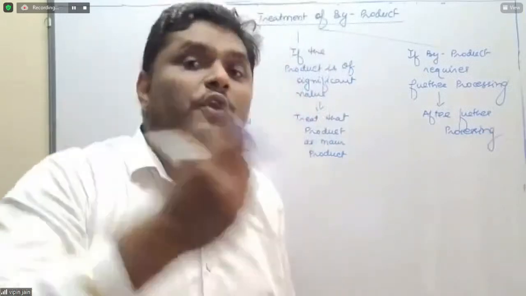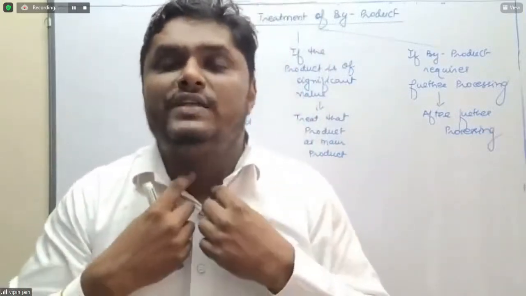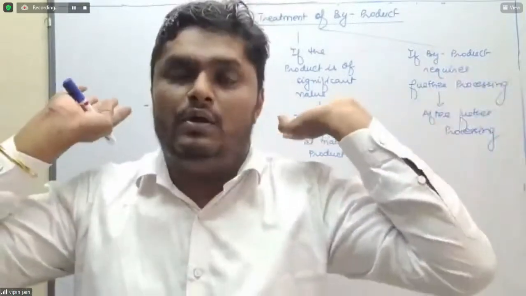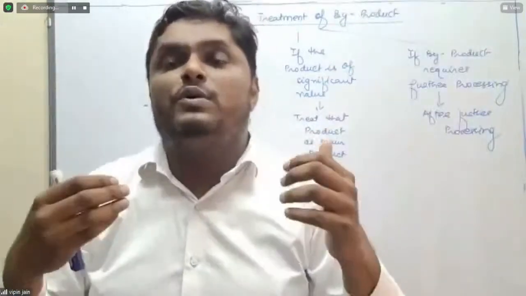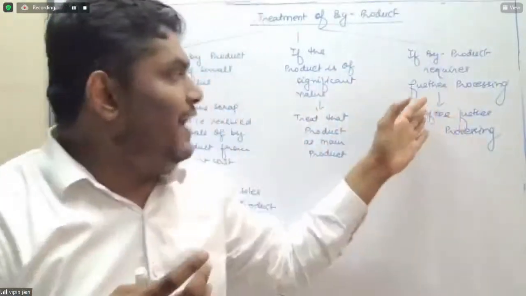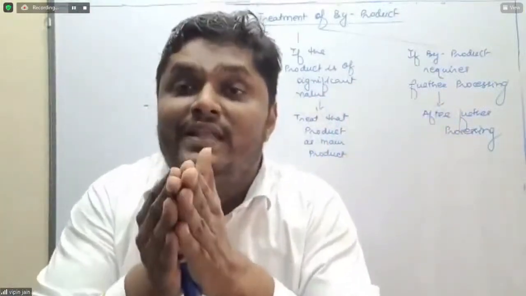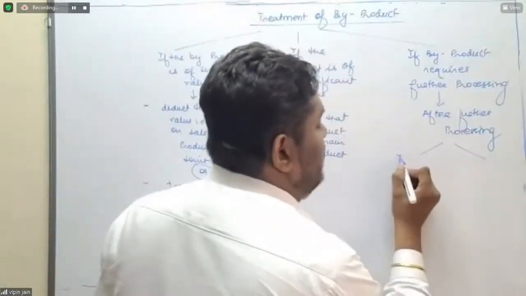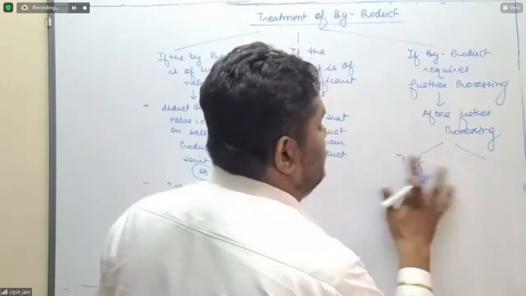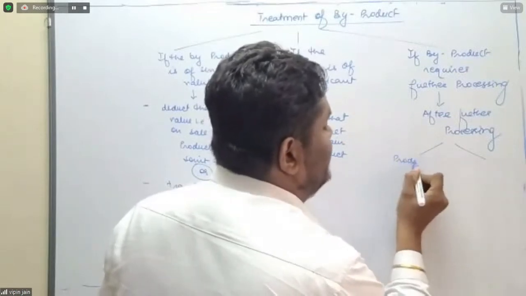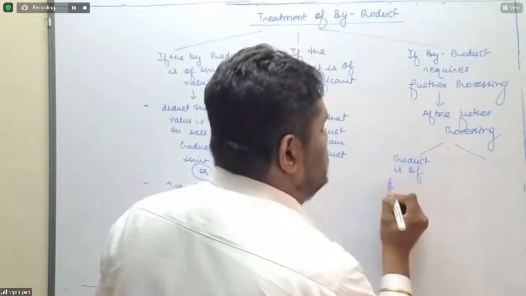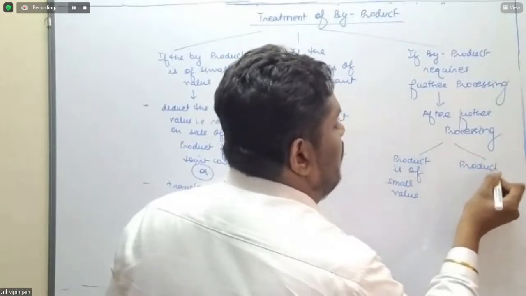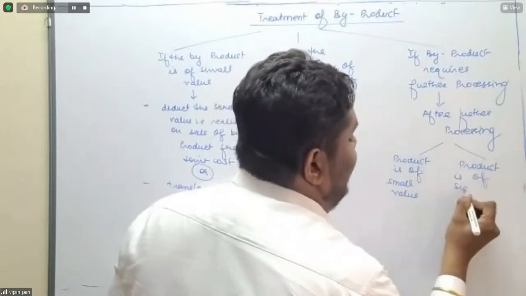We will check the value of that product. I repeat again, I do manufacture shirt, and during the course of stitching the shirt from a fabric, a certain part of fabric is scrapped out. That scrap fabric is again further processed to convert it into mask. So after further processing, we will check whether the product is of smaller value or substantial value.